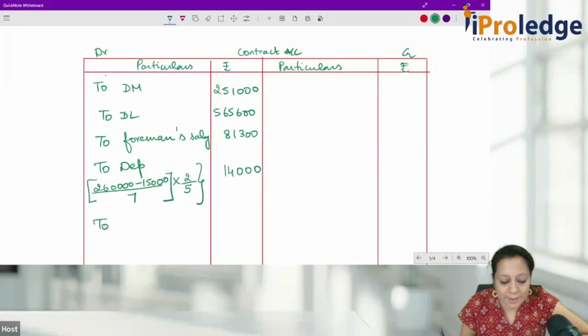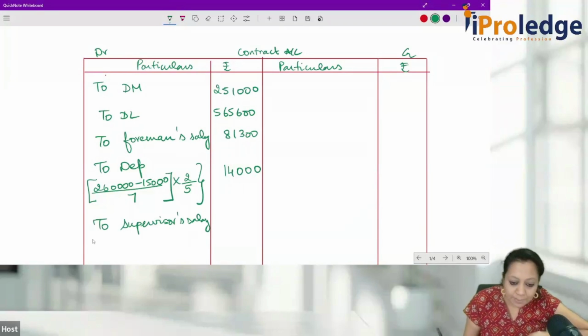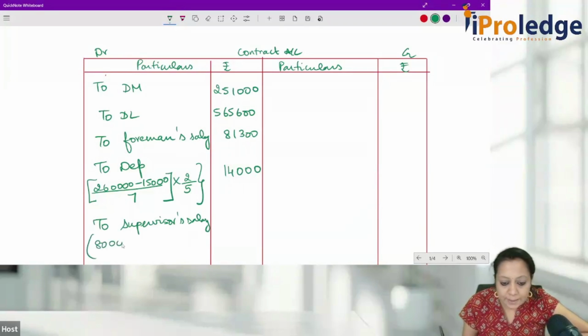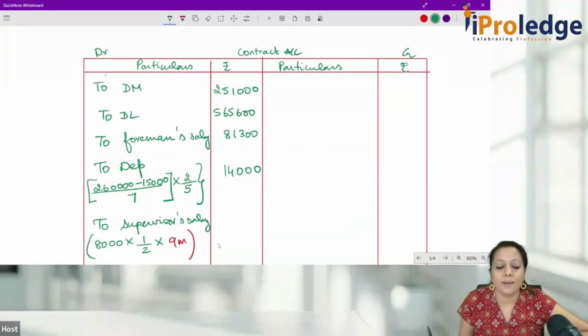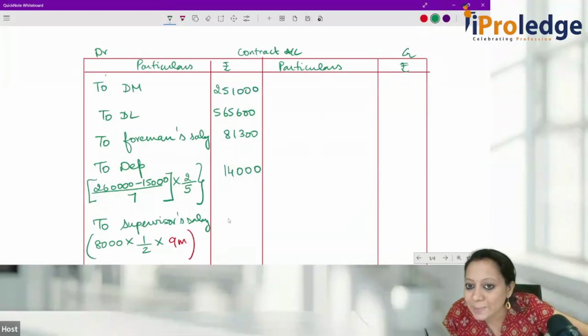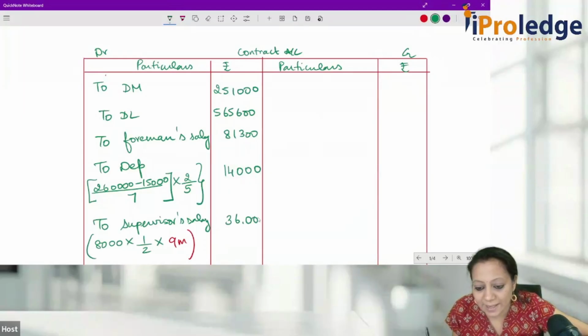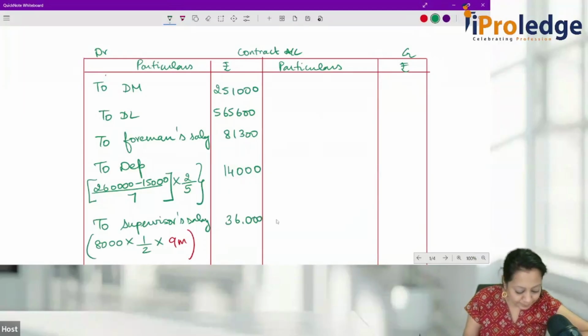So now we will go ahead with the supervisor's salary. Very nice. So supervisor's salary is going to be 8,000 into 1 by 2 into 9 months. 9 months because only from July to March; in the first two lines they have given that the contract commenced in July. Very nice. How much is it? 36,000. Very nice. Super.